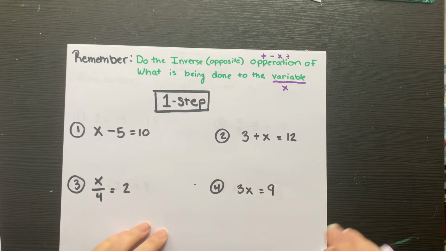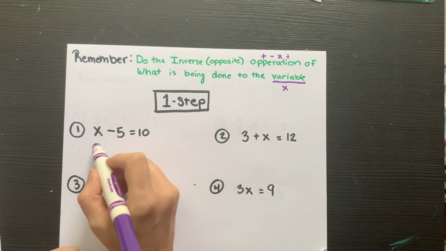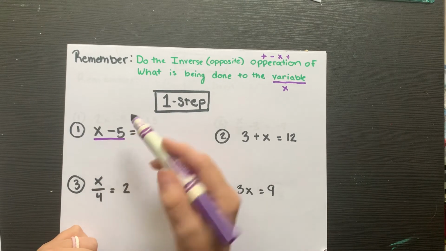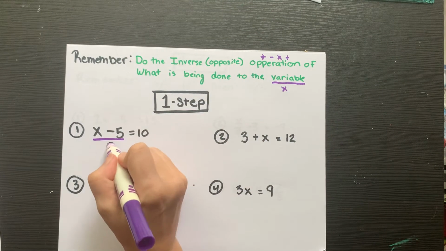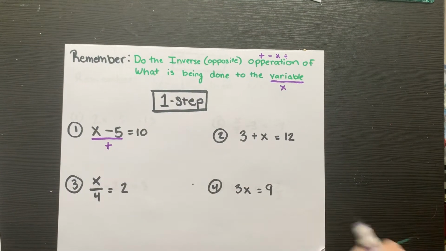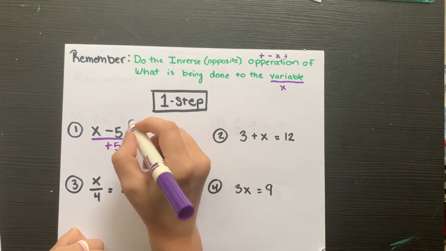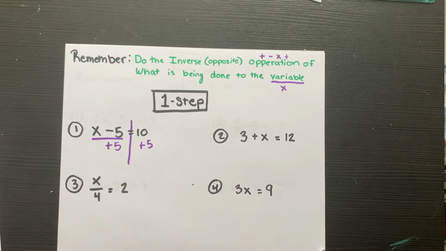So first we've got X minus 5 equals 10. If we look at the X, we think, all right, what's happening to the X? X is being minus 5. So opposite of minus is to plus. So we're going to plus 5 to both sides of the equation. You draw a line down where that equal sign is.